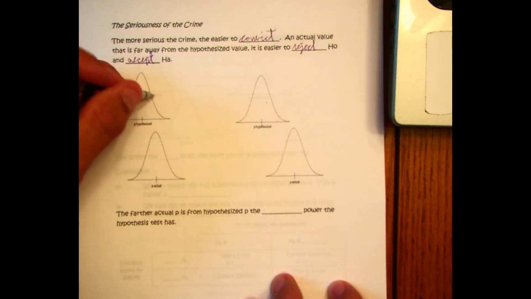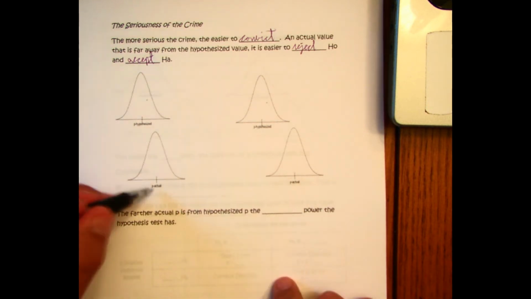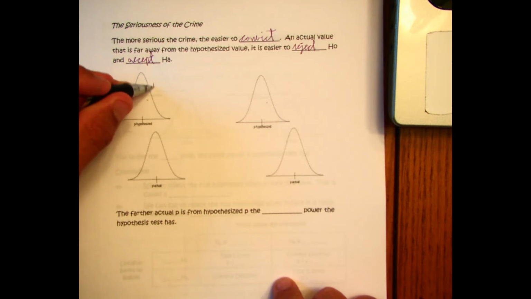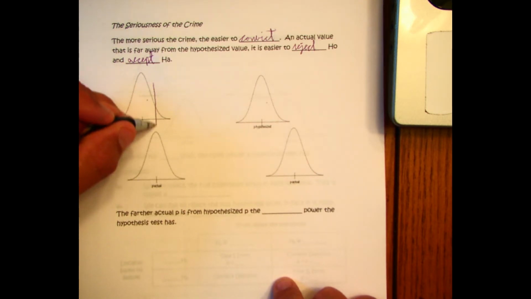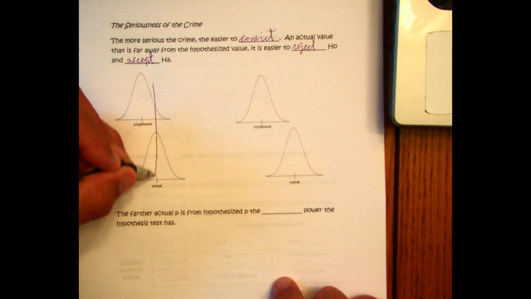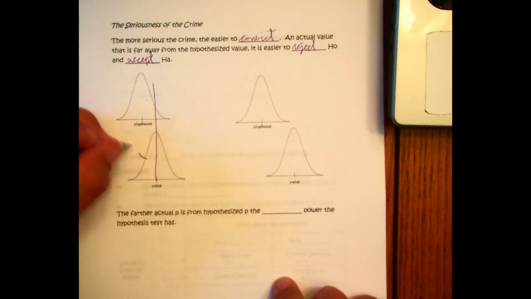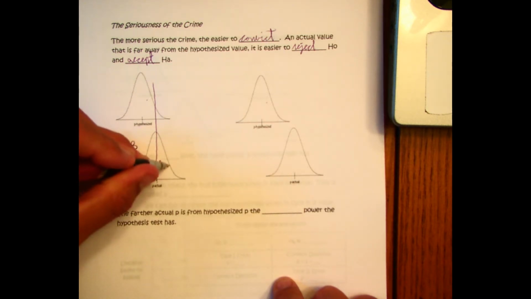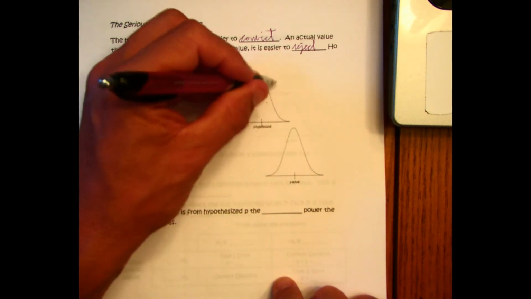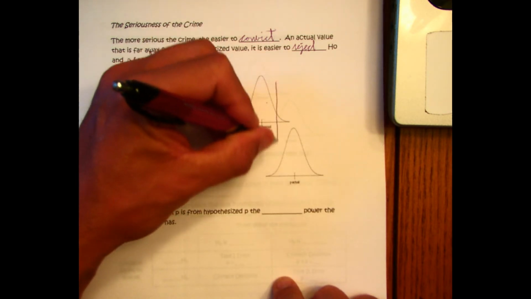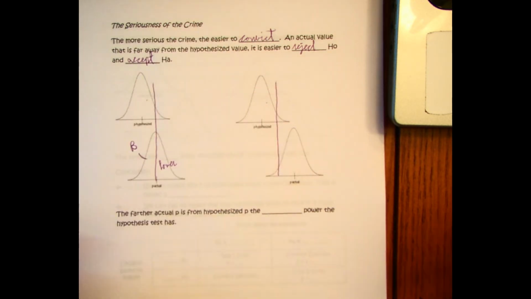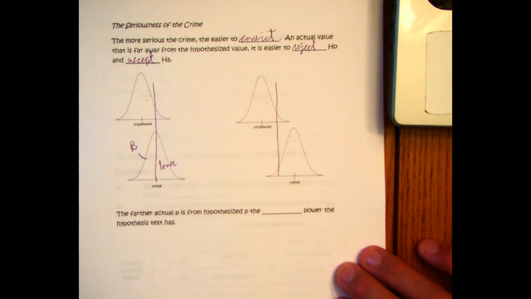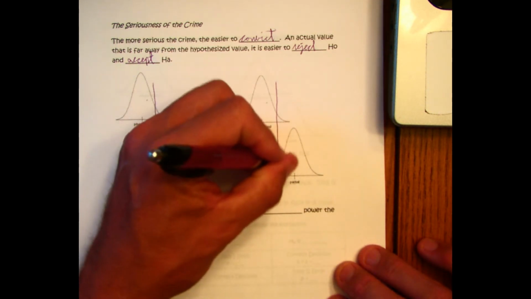Okay, so again, here you see that the actual is closer. So if I take an alpha level of like right there, then this is beta, this is power. But if I take that same alpha level over here, now that the actual is farther away from the hypothesized, then this is power and this is beta.